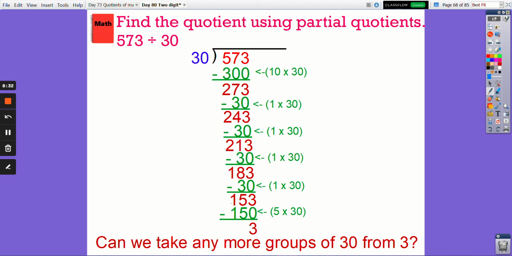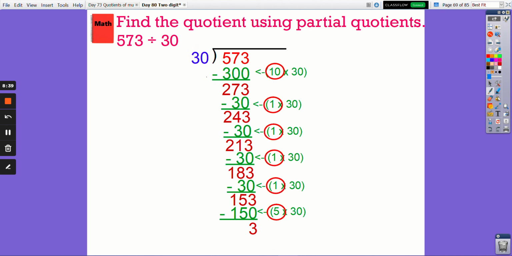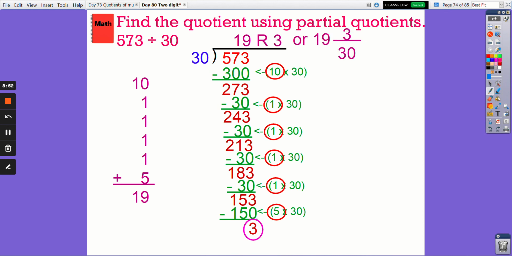Can we take any more out of that 3? We can't take any more groups of 30 out of that 3. So we're going to add up our 10 plus our 1 plus our 1 plus our 1 plus our 1 plus our 5, and we're going to end up with 19, remainder 3, or 19 and 3/30, which could be simplified to 19 and 1/10.